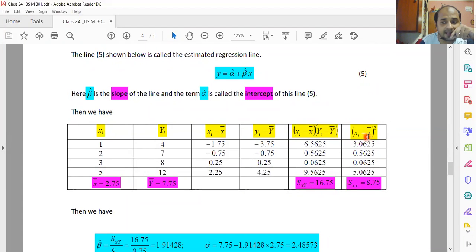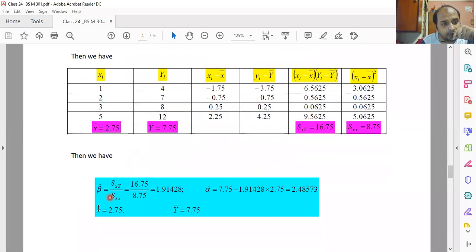Similarly, xi minus x bar whole square has also been calculated, and its summation has been tabulated. After getting all these values, I have used the formula of beta cap. Since beta cap is sxy by sxx, I have put the values 16.75 divided by 8.75.